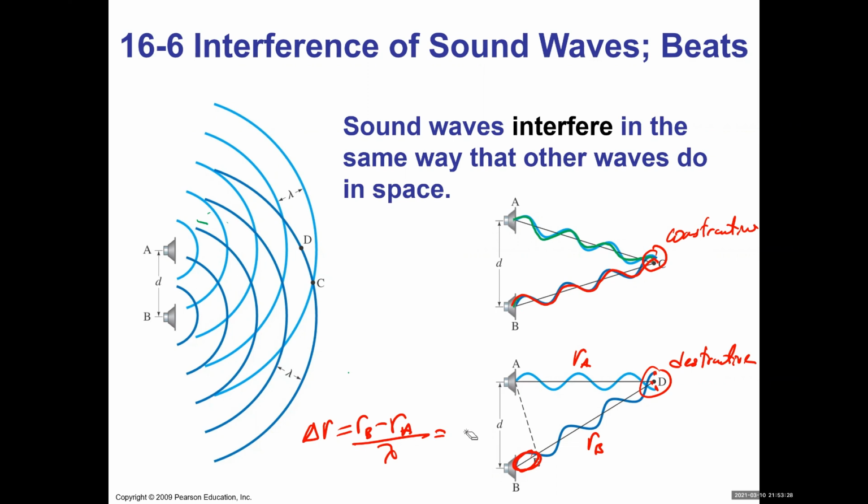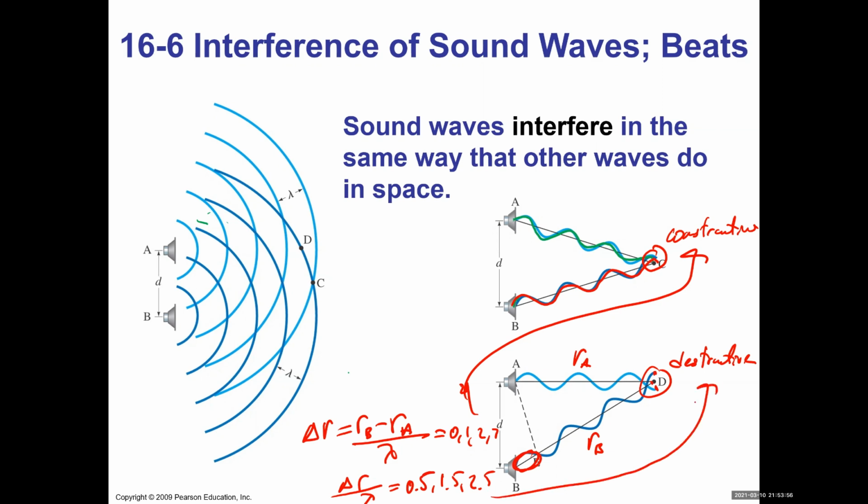So let's say if I get 0, 1, 2, 3, then it's a constructive interference. If I do delta R divided by lambda and I get, let's say, 0.5 or 1.5 or 2.5, that means a fraction, then it's going to be a destructive interference.